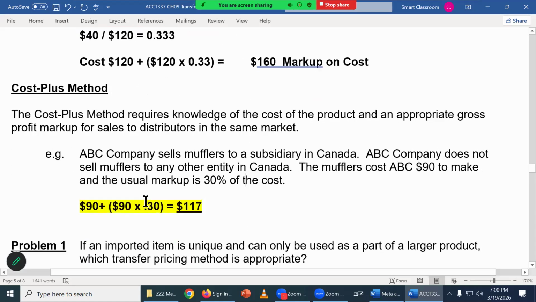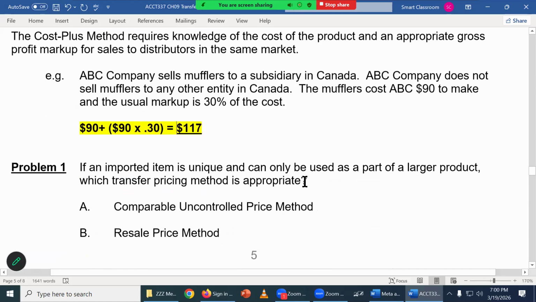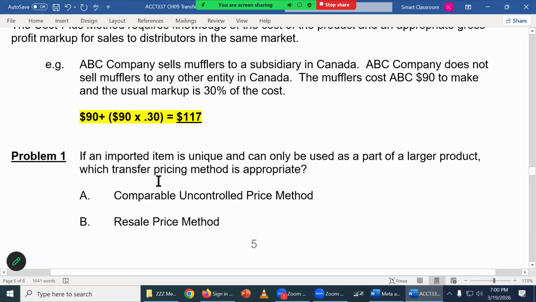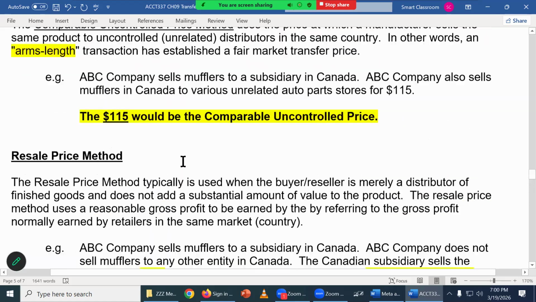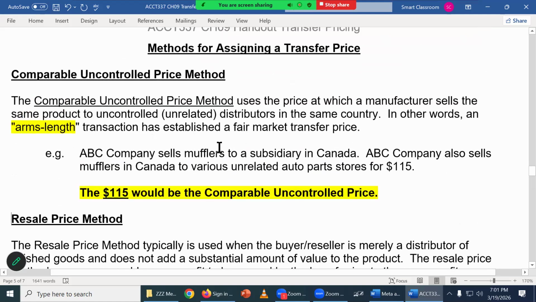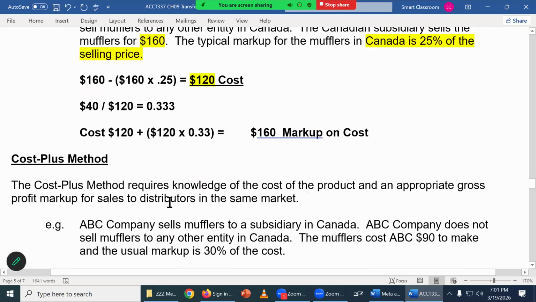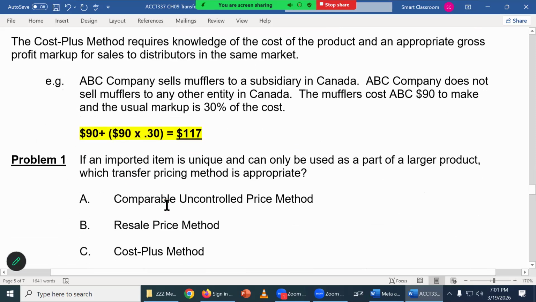But the idea is the same. If the cost was $90 to make it and you're selling it up into Canada with 30% markup, so this is what you sell it to them for, 117. So those are the three methods you're going to get: comparable, which is basically market, resale method, and cost plus.